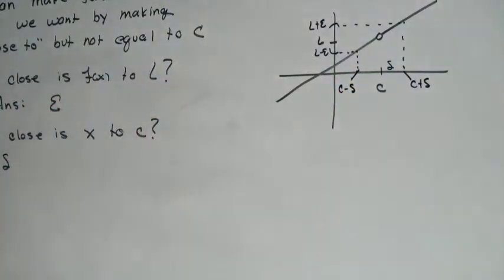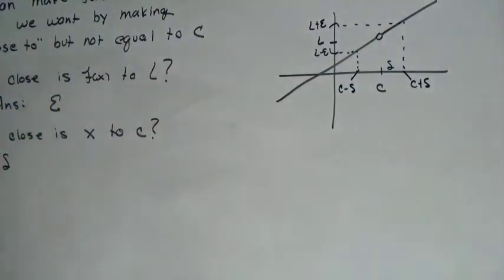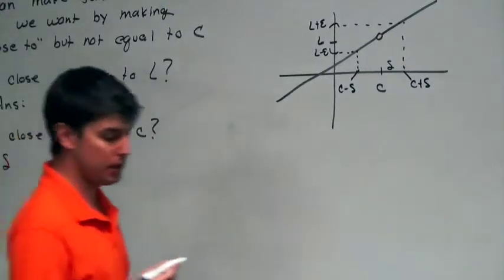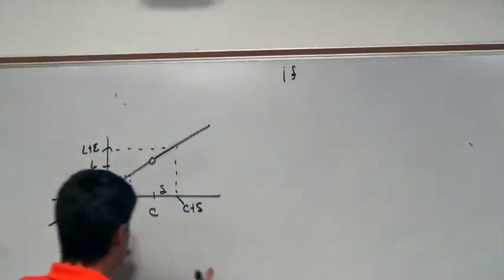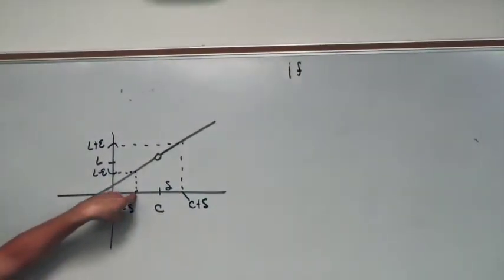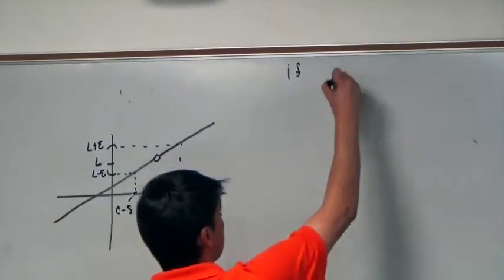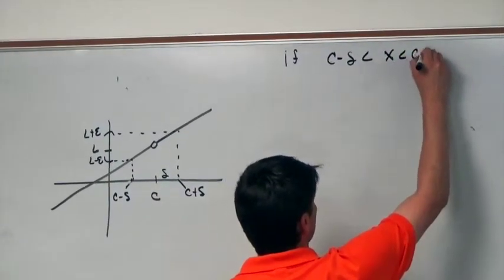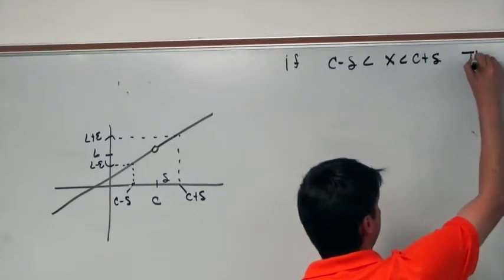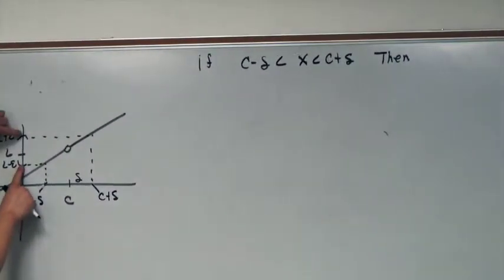Okay. Based on this diagram, I'm going to start creating a string of inequalities and if-then statements. The very first if-then statement says: if x is between c minus delta and c plus delta, then the function f of x is between L minus epsilon and L plus epsilon.